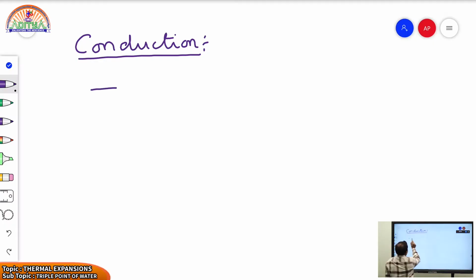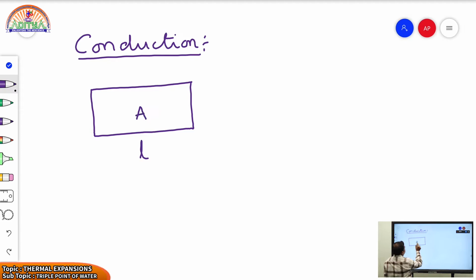Now look, take a metal rod like this, whose length is equal to L. Area of cross section is A. Heat enters through the first face. I will take this one as XY.